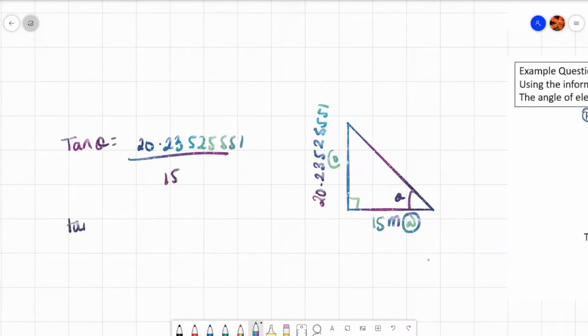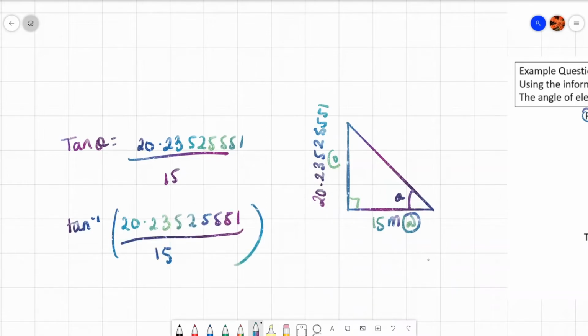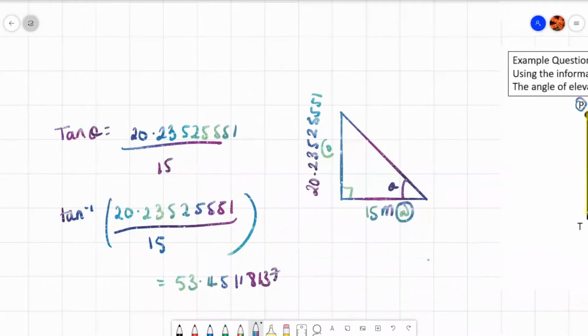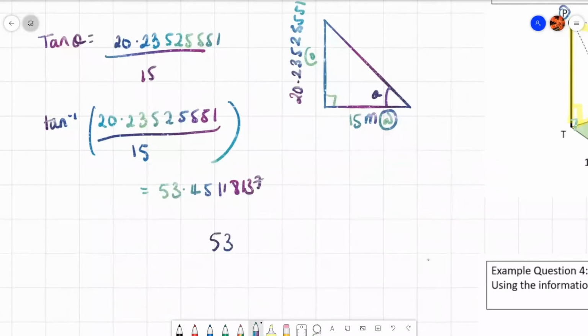And I've got to do inverse tan of 20.2352551 over 15. Okay, and I end up with 53.45118137. I'm going to round it to one decimal place. 53.5 degrees is my answer. Okay, lovely.